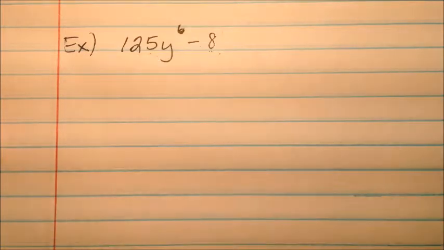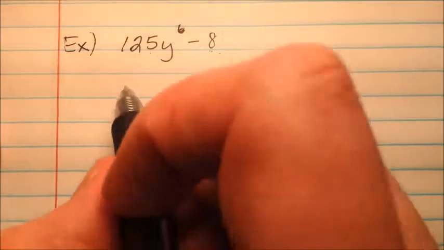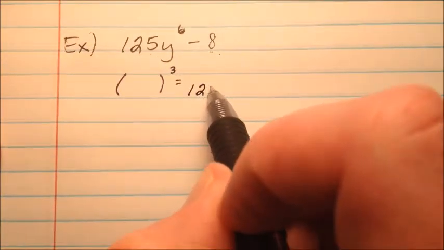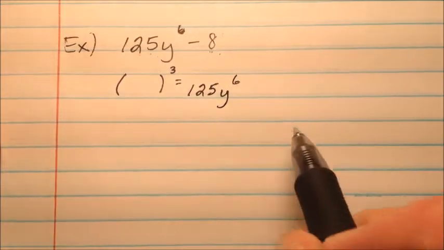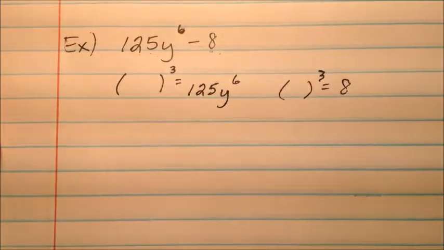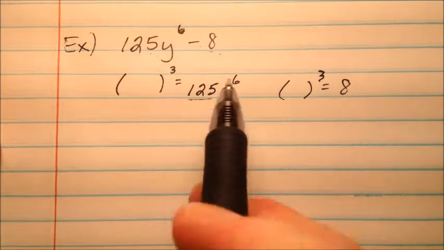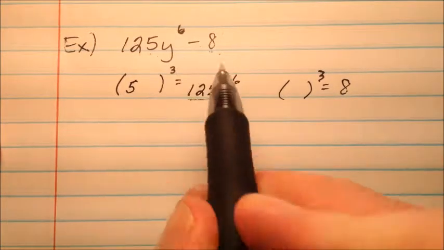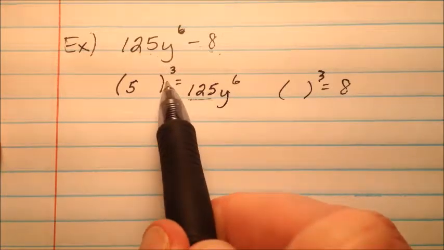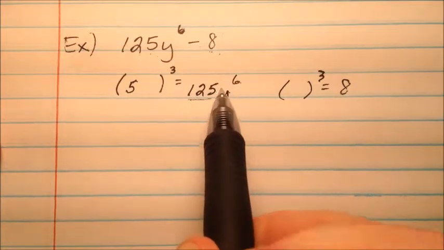Let's figure out what it is that we're cubing here. What was cubed in order to give us 125y to the 6th, and what was cubed in order to give us 8? The cube root of 125 is 5, and then y to the 6th. Remember power of powers: what number times 3 made 6?